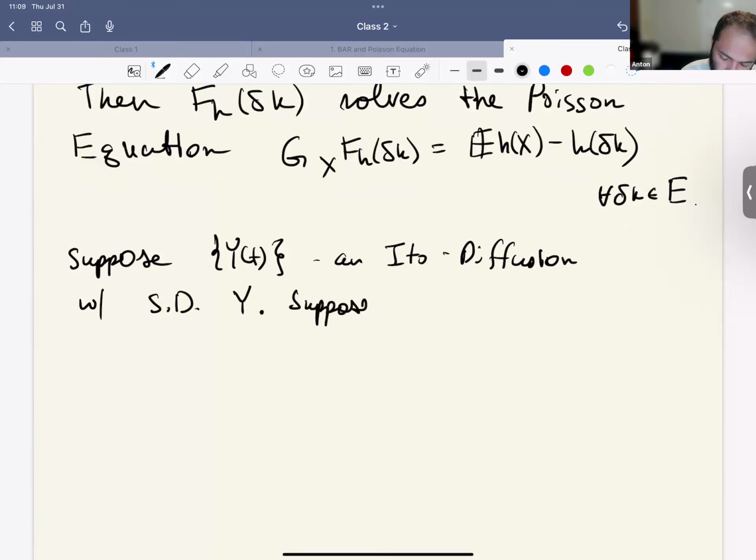Suppose y is a good approximation, or we suspect that y approximates x. Then how can we evaluate things? So we start with the right-hand side of Poisson's equation, h of x minus h of delta k equals this generator.